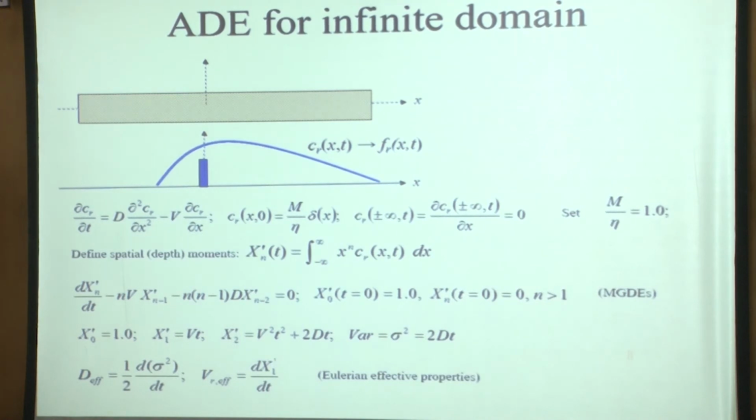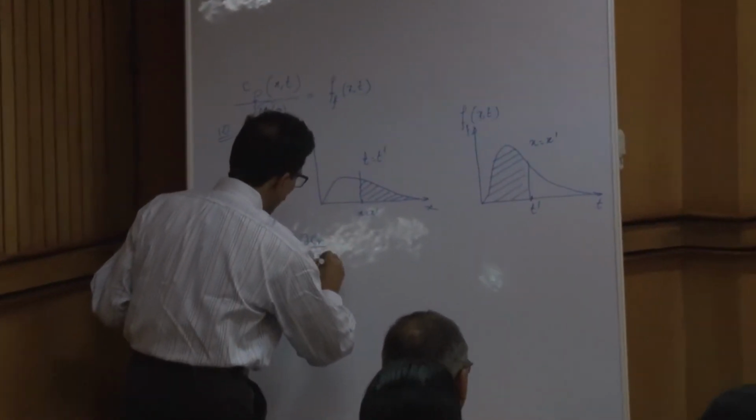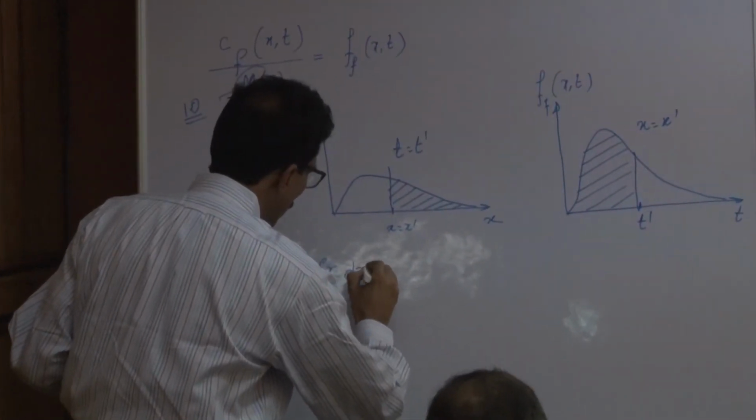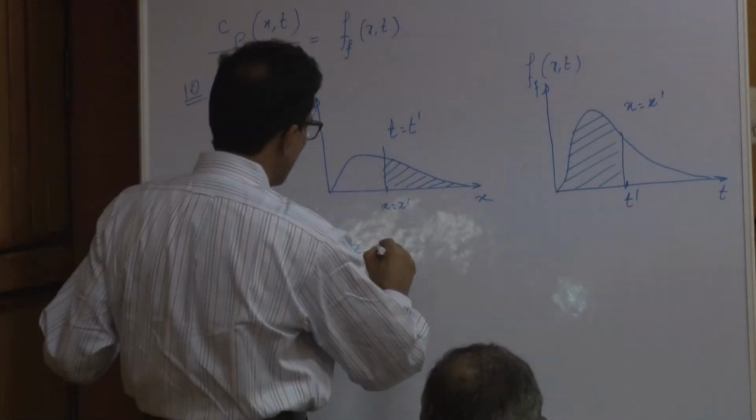So if I'm trying to do, let's say, minus to plus infinity, I have x to the power of n dx, right? So again, I can do this with integration by parts.